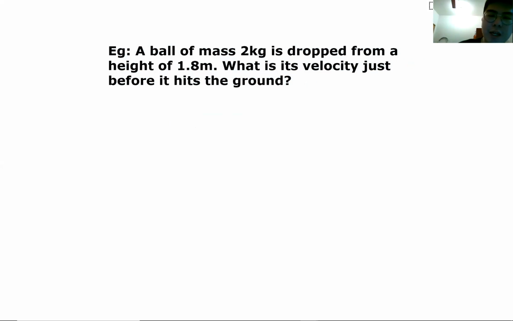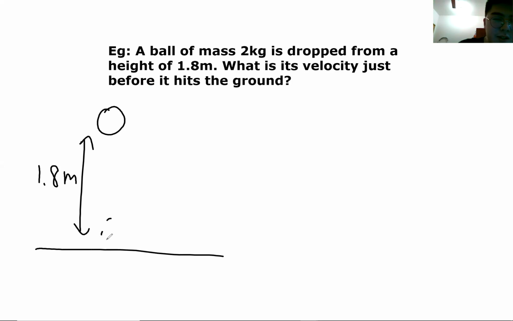So this one you have to use the energy concept. If I draw it, a ball of mass is dropped from a height of 1.8 meters. It wants you to calculate the velocity v just before it touches the ground.